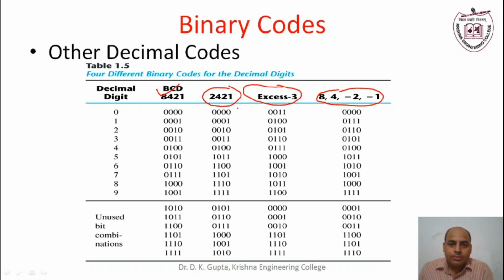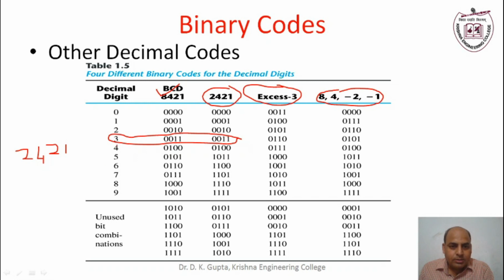So how do we achieve the 2421 code? Let us see the example of 3. If we want to write the 2421 code for 3, suppose we write the weights here, 2 4 2 1.